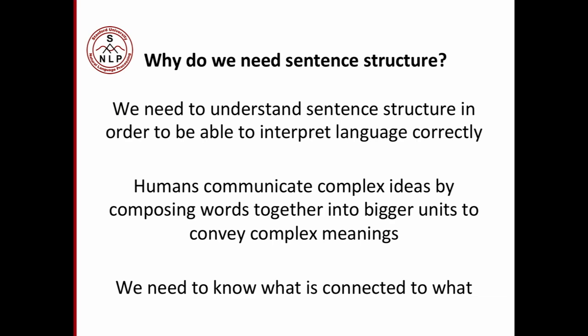The way language seems to work when you're talking to your friends is that you just blabber something and they understand what you're saying, and what goes on beyond that is sort of not really accessible to consciousness. But, well, to be able to have machines that interpret language correctly, we sort of need to understand the structure of these sentences, because unless we know what words are arguments and modifiers of other words, we can't actually work out what sentences mean.